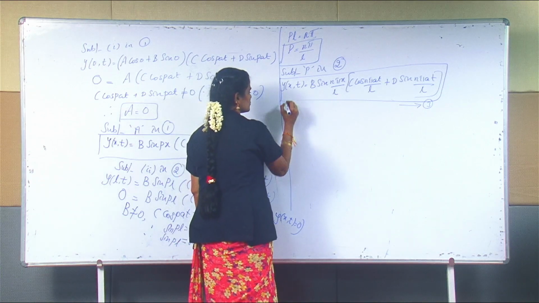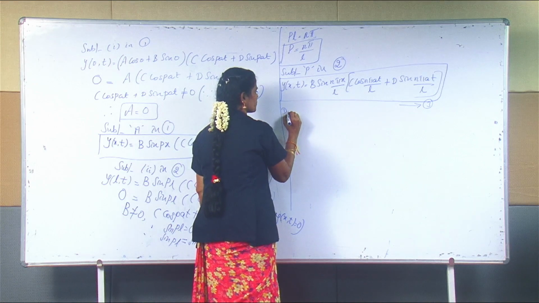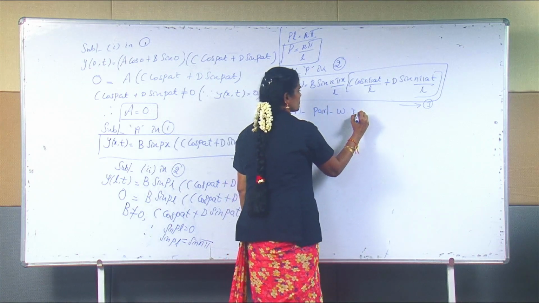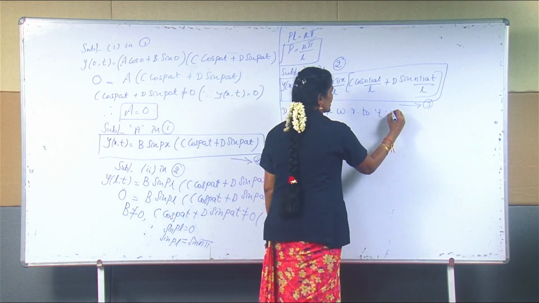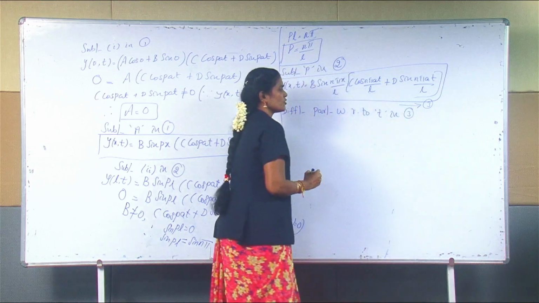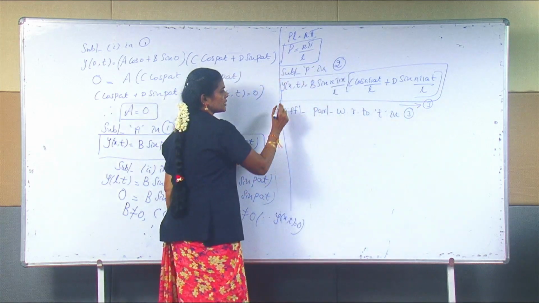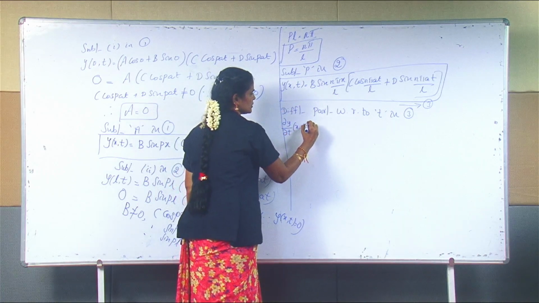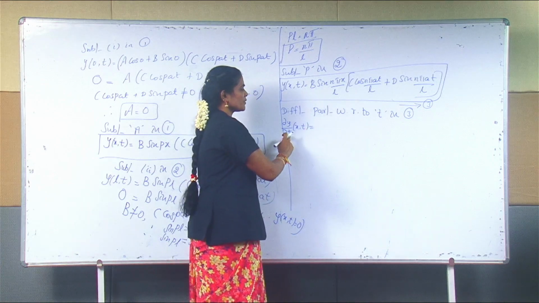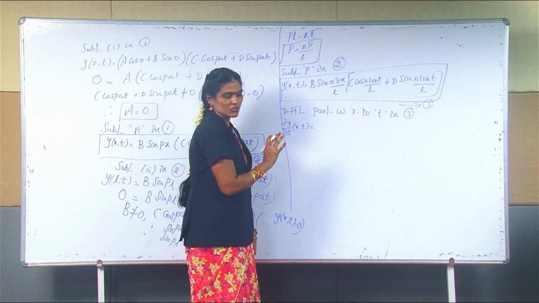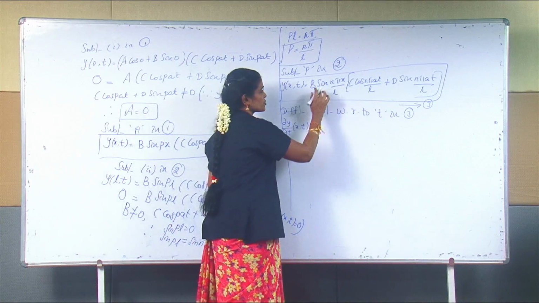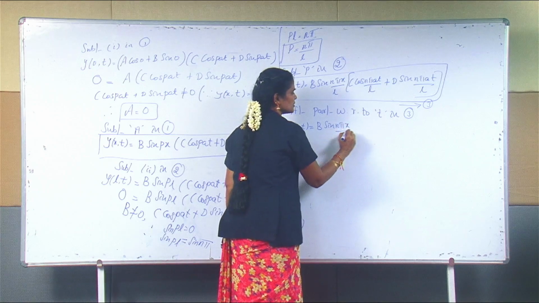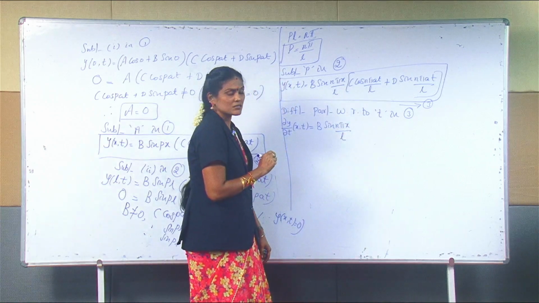So, differentiating partially with respect to t in equation 3, we consider x as a constant because it is partial differentiation. So b sin(n pi x by L) stays as it is.